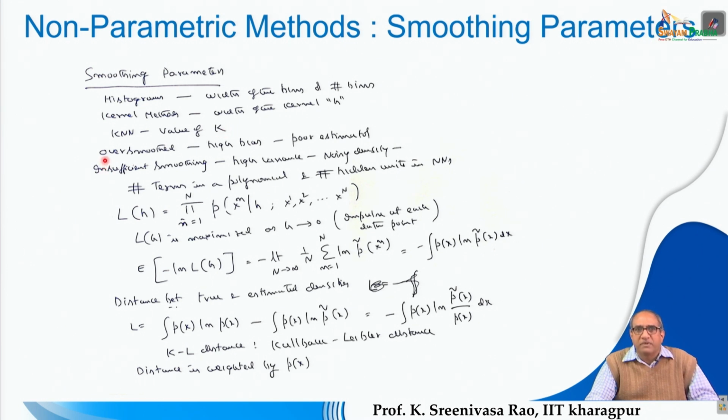So what happens if you take the lower extreme? The estimated probability density function will be over-smoothed, with higher bias, and it is a poor estimator, as we have seen.